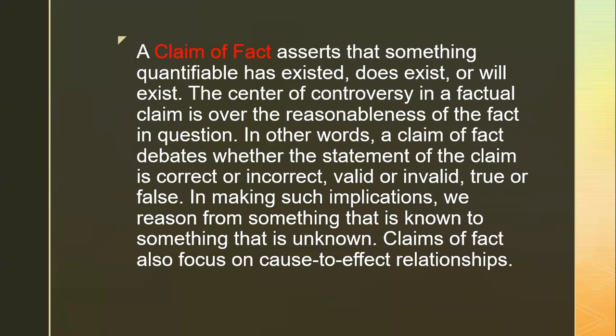So basically, when we say claim of fact, it is an argument about a quantifiable topic. So we can say that a claim of fact presents truthful details or information or arguments, meaning there's a basis.